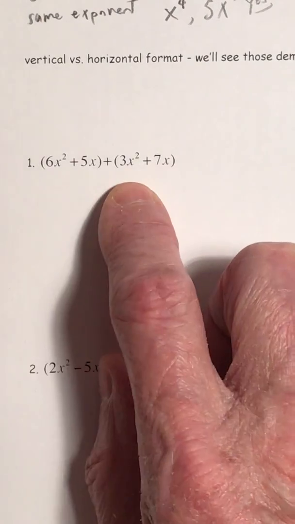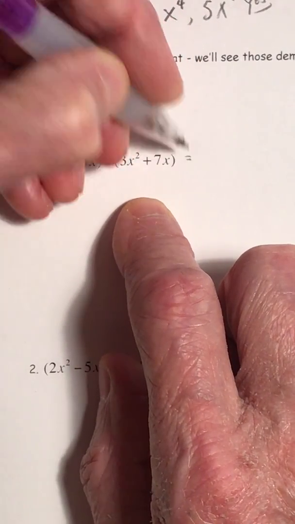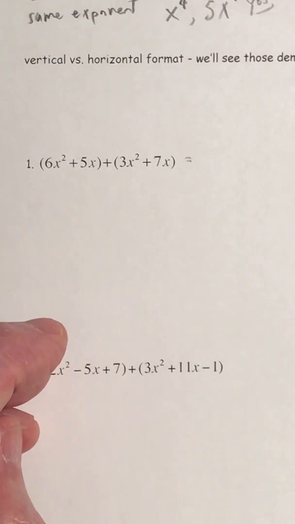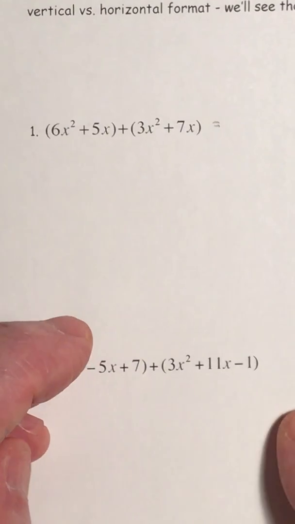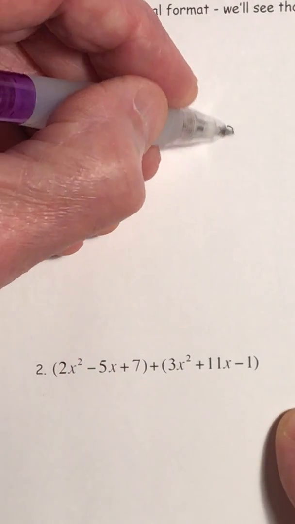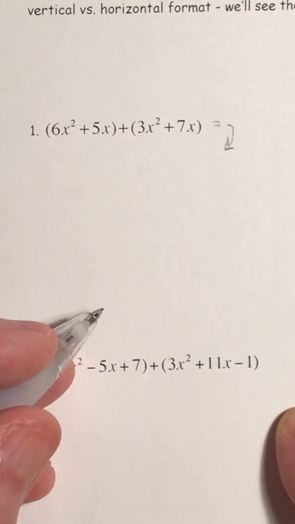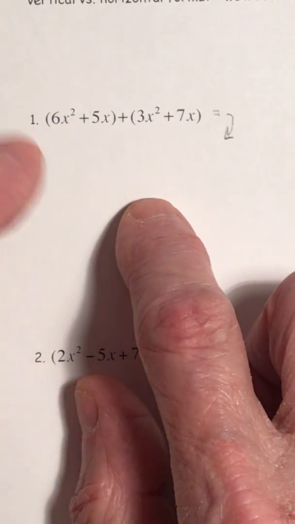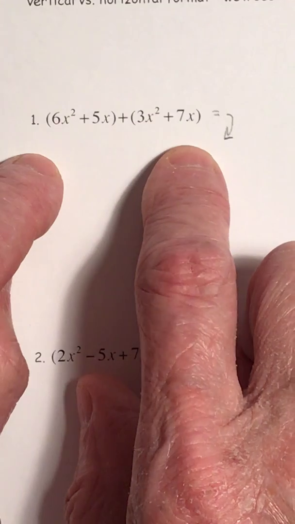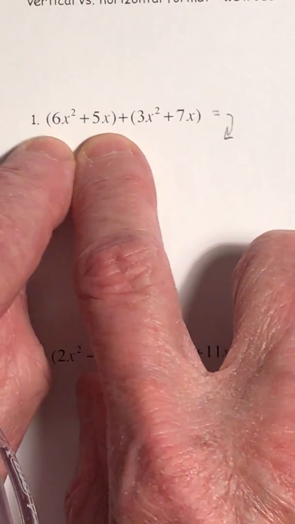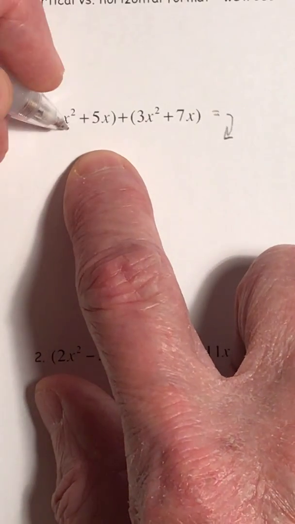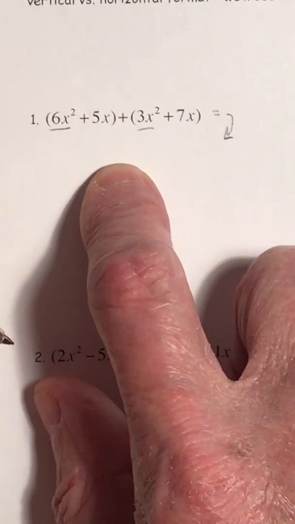So if I want to do some adding, I'm only allowed to add like terms. And because of the limitations of my iPhone camera, I'm going to write my answer down here. So as I look for things that can be added, it's this expression plus this expression. I can add the x squares to each other. I'm going to align those like that.